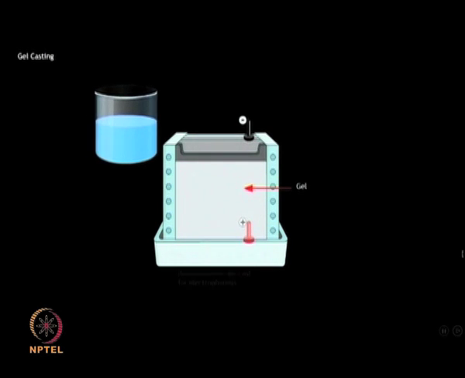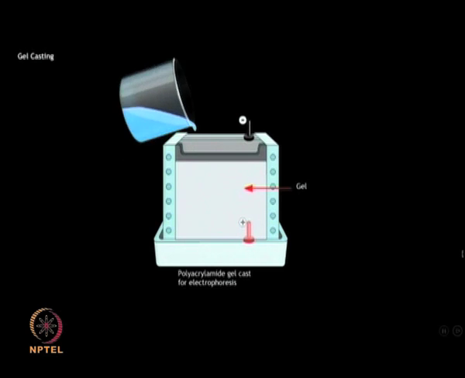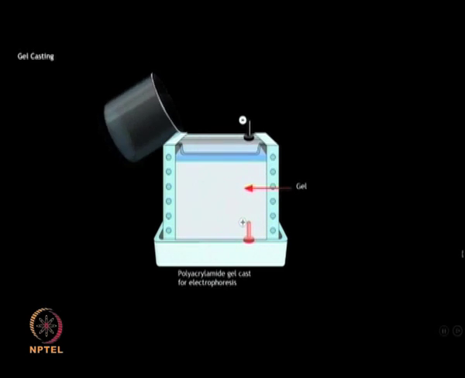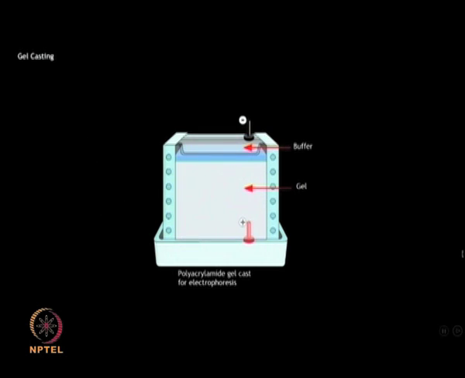Ammonium persulfate and TEMED are added to facilitate the generation of free radicals and cross-linking. The molecular dimensions of the pores can be controlled by varying the amount of N,N'-methylene bisacrylamide.